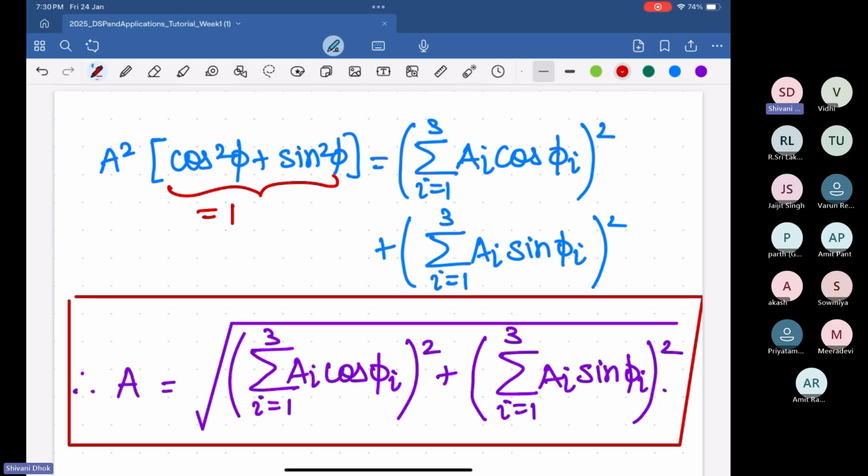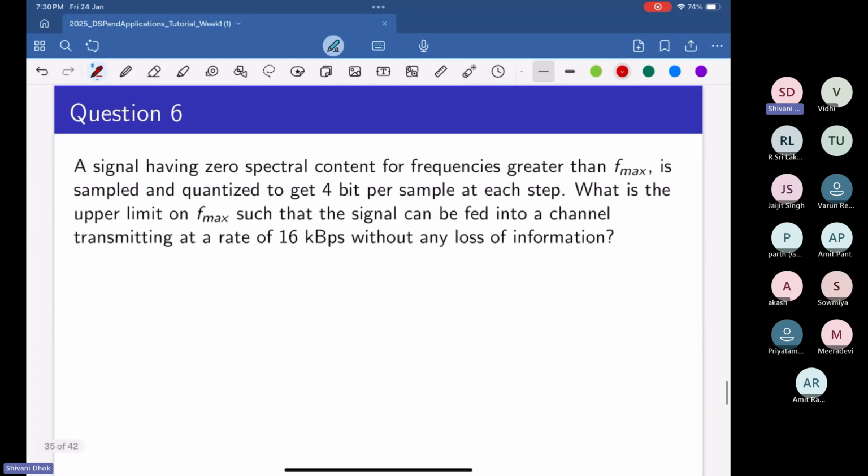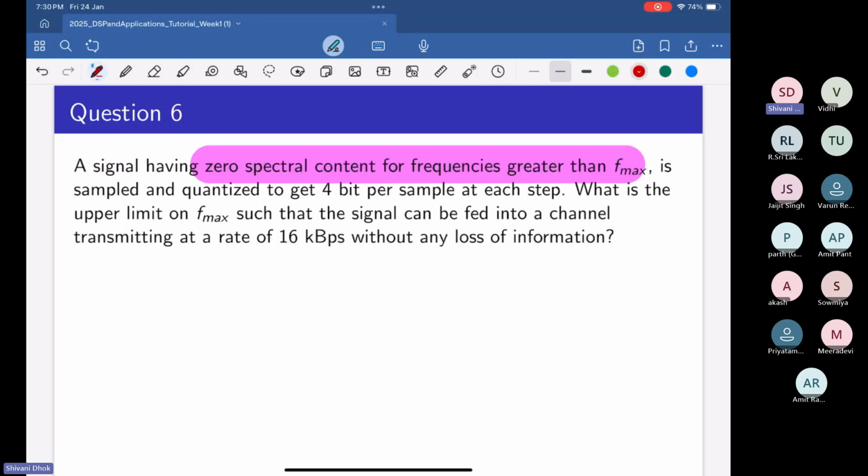Okay, if there are no questions, then let me move on to the next question. It is given that a signal has zero spectral content for frequency greater than f max. So there is a signal, let's say some x of t, and we are trying to figure out its spectral content, that is, we are trying to plot its Fourier transform.